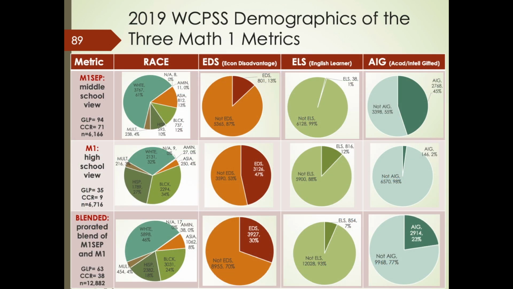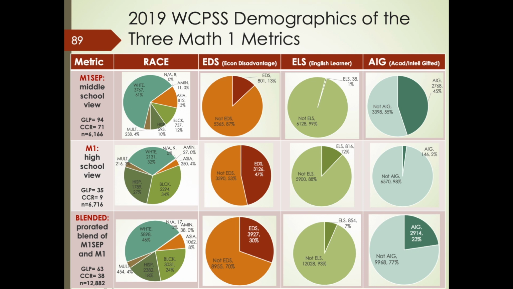So I showed this graph in part 3, but again, I hope this demonstrates how beneficial it is to be able to dive down into subgroups and look at demographics as they apply to each of the metrics that are captured. So here's a good reason to look at something like this. In Wake County, our middle school students who take the Math 1 EOC largely are non-economically disadvantaged.